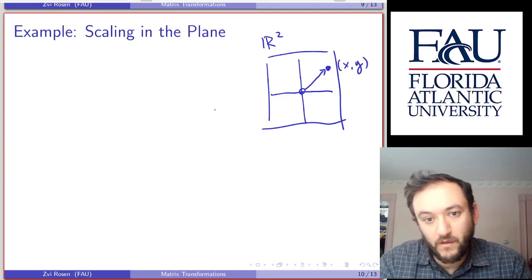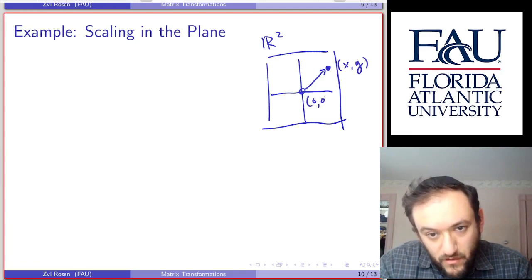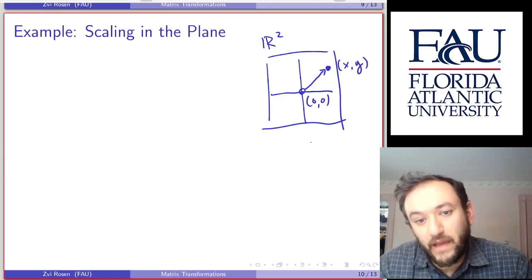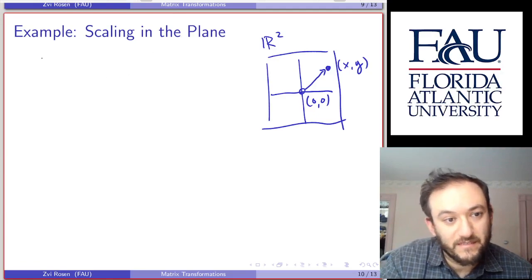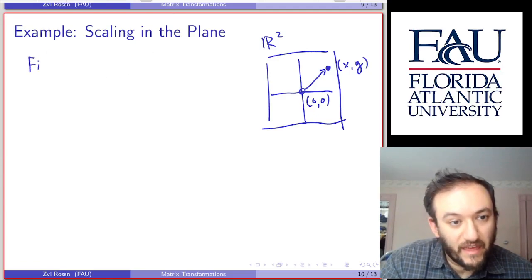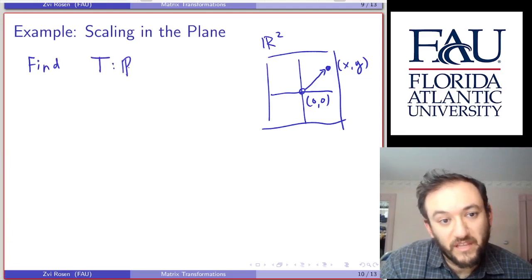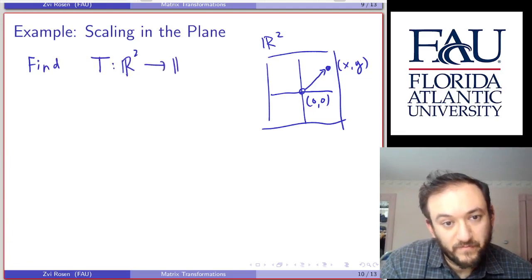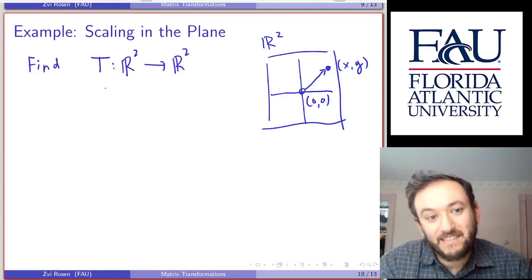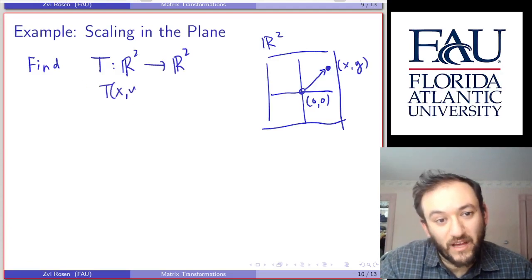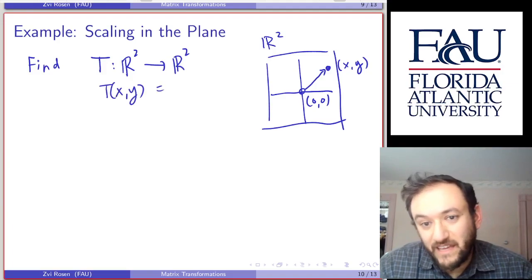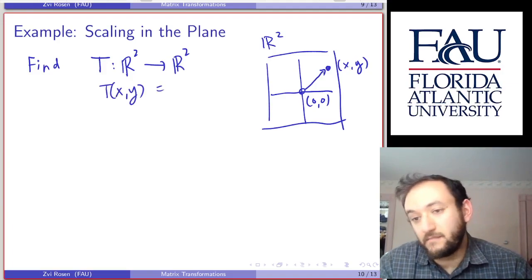So this is 0, 0. This is x, y. And what we'd like to do is find a map T which goes from the plane to itself. And the way that it's going to act is it's going to take T of x, y and then scale it by some number.